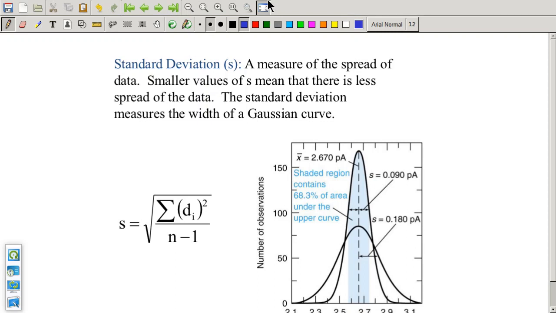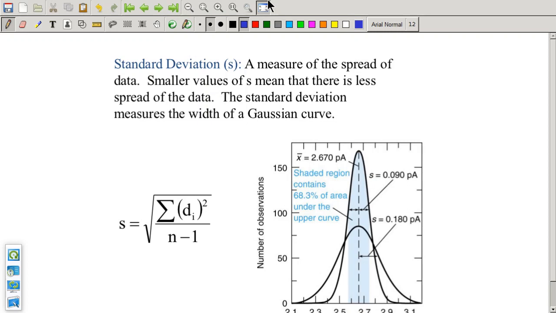One's much wider than the other. The standard deviation for the second Gaussian curve is much larger than for the first. The implication is that the data for the larger curve is much broader. There's a much wider range of data. Does that mean they represent the same thing? That's a hard thing to decide.